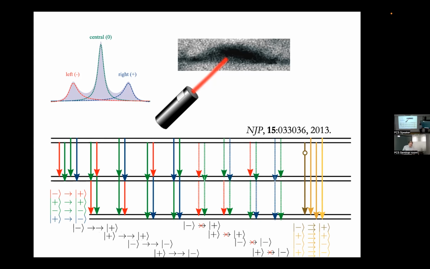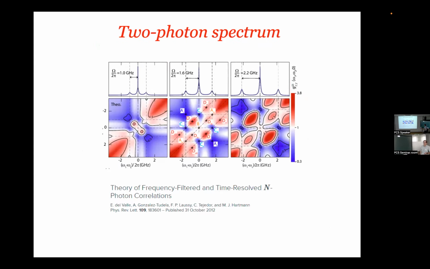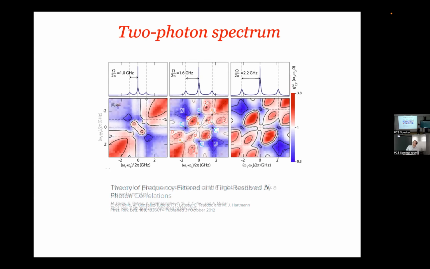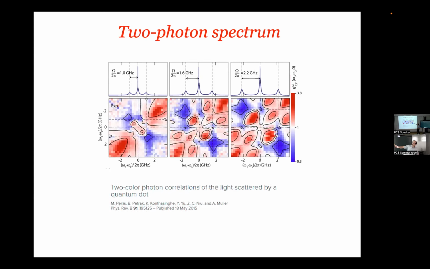So that's the reading of this line in the two-photon spectrum. The two-photon spectrum that we proposed in 2012 has actually been measured in the meantime by the group of Andreas Müller in Florida in 2015, and you can compare the very nice quantitative agreement between the experiment and the theory. Okay, so one-photon observable, two-photon observable.